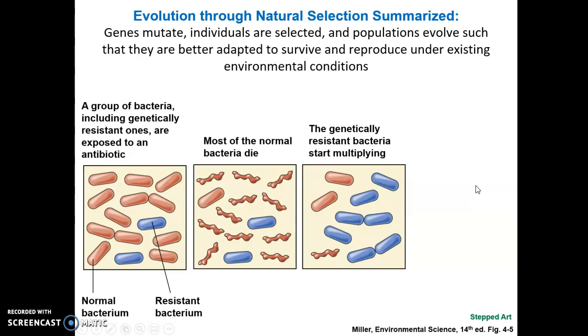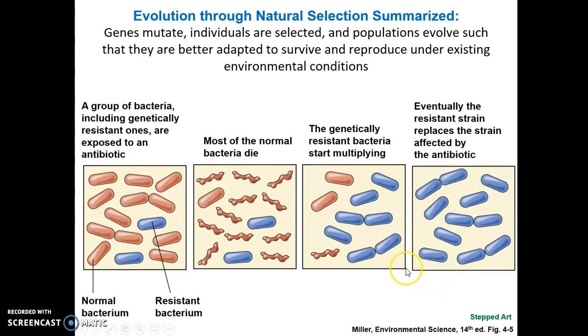So over time, the resistant bacteria continue to multiply, and eventually all of the bacteria in that population will be resistant. And this is important in environmental science in two areas that come readily to mind. The first is antibiotics are given to chicken and fish and beef and other things that we dine upon.